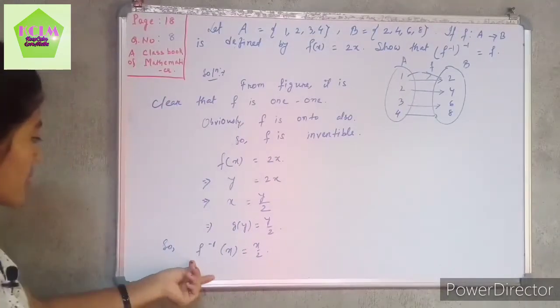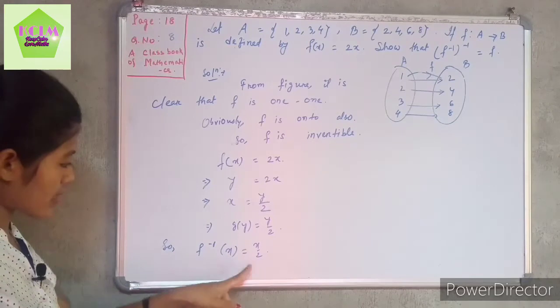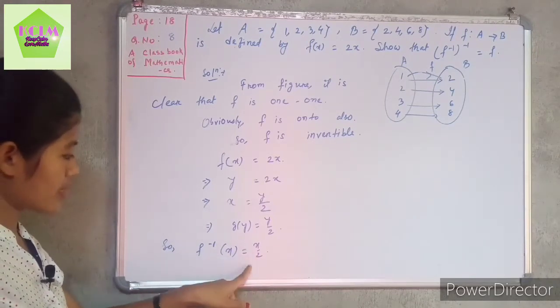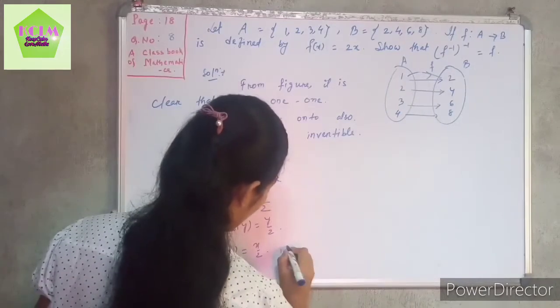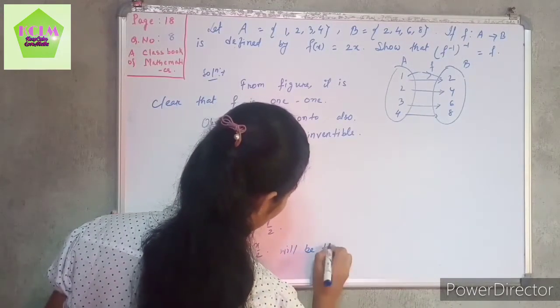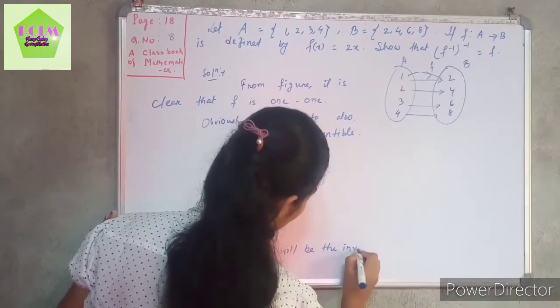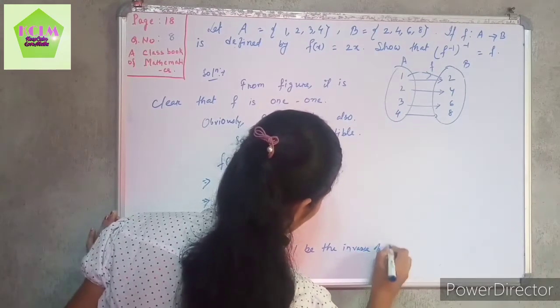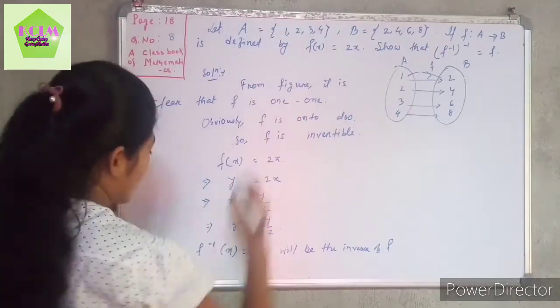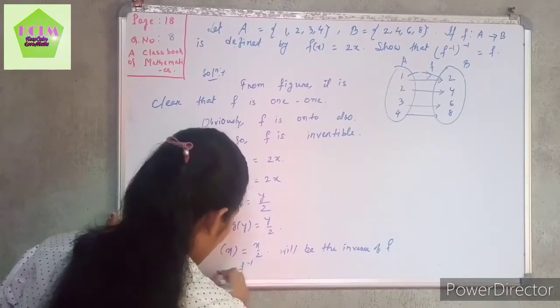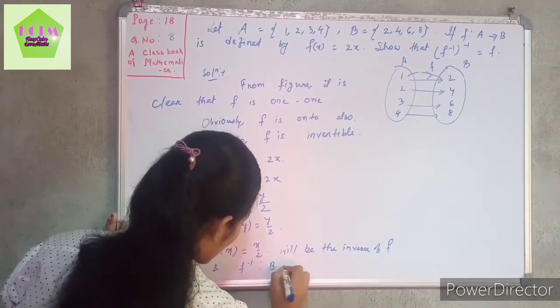Since I take f inverse of x, I can write x by 2. So this will be the inverse of f, and it goes from B to A. F inverse goes from B to A.